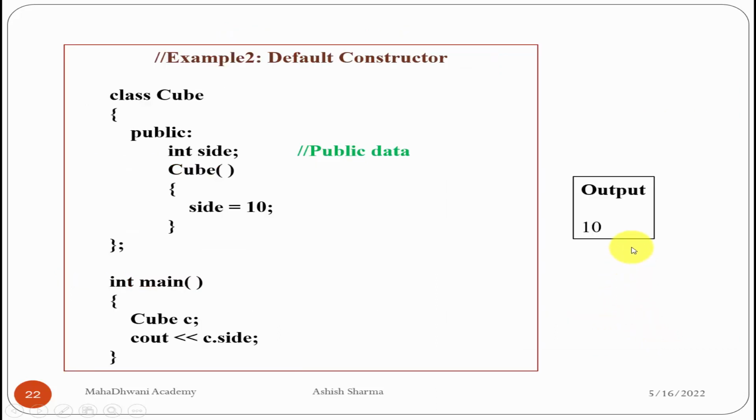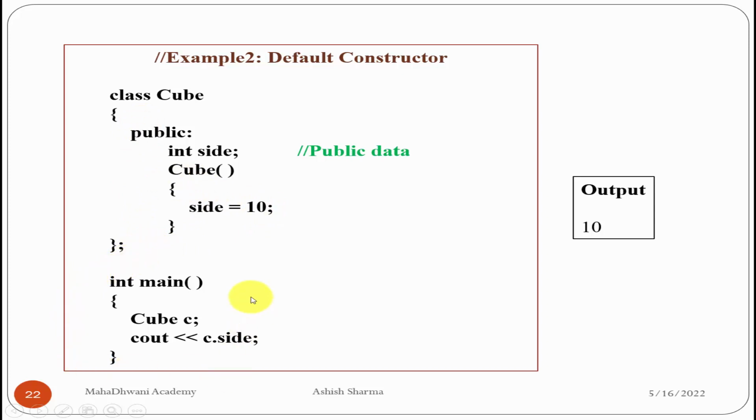So here, to avoid this error, we have taken another class name, but the concept is exactly the same. The class name is cube. The section inside it is public because we have used the public access specifier, and in the constructor we have given the value 10 to the side data member, and after that we close the class.